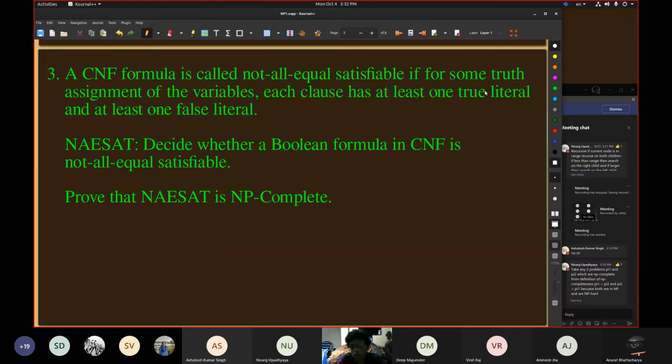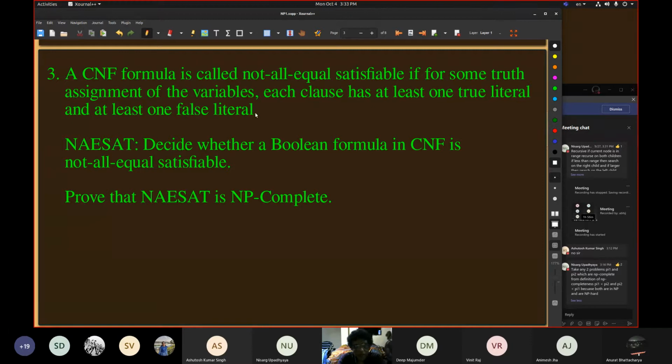So each has one true literal and one false literal. So this will matter actually. So this is basically a satisfying assignment. It says that the formula has a satisfying assignment for which each clause is not all truths. Each clause has to be true, but there is at least one false literal.